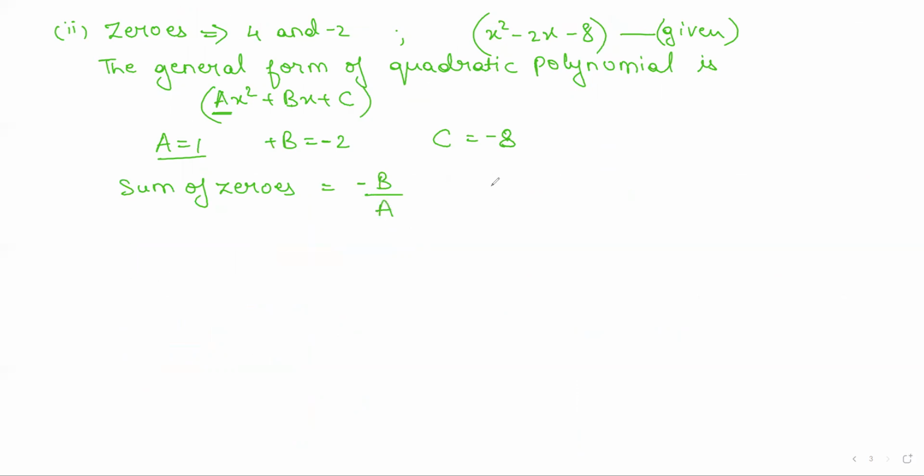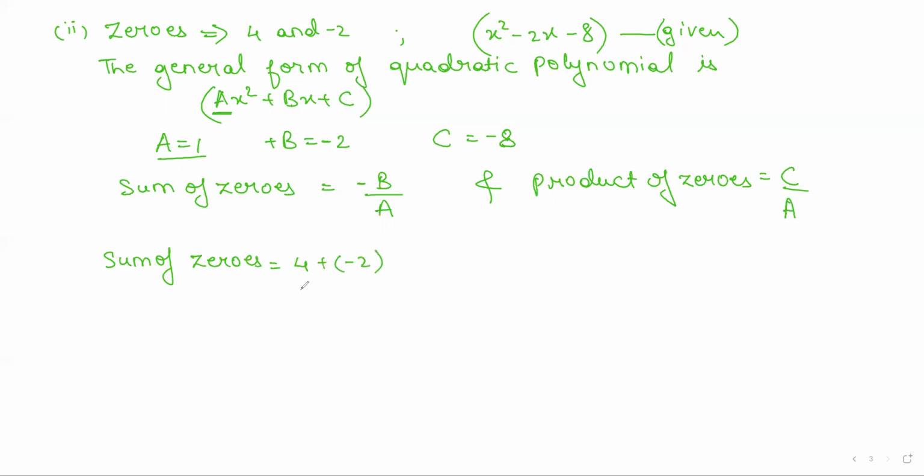And product of zeros is equal to c upon a. The given zeros are 4 and minus 2. So sum of zeros is equal to 4 plus minus 2, which is equal to 2.